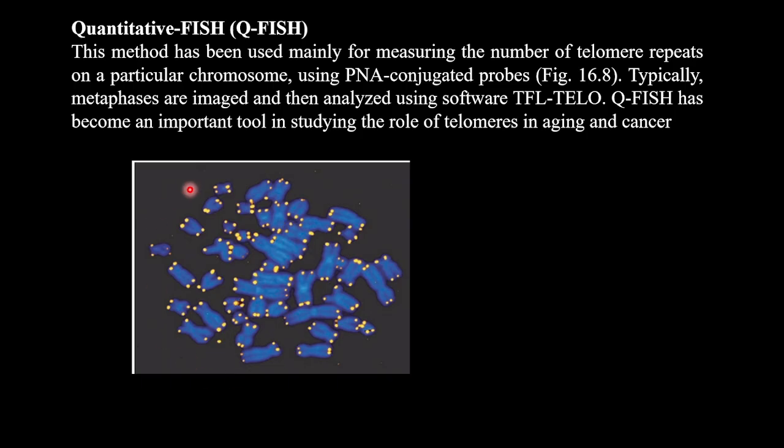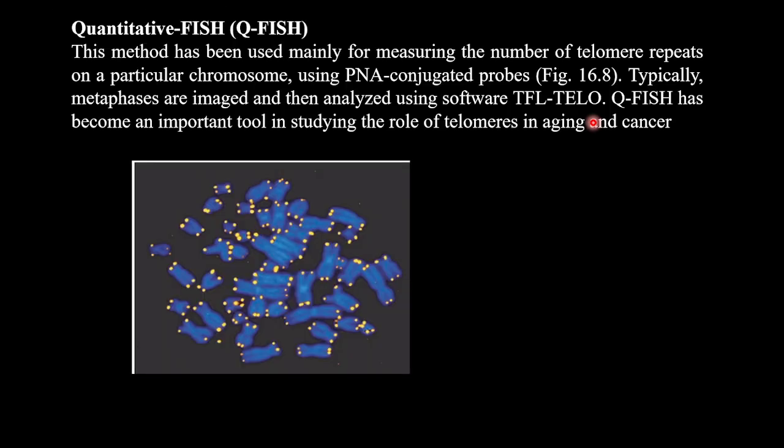On the basis of that, there is software which will measure this signal and quantify the telomere length. This particular software is TFL-Telo, and it is important in studying the role of telomeres in aging and cancer, because in aging the telomeres become smaller.